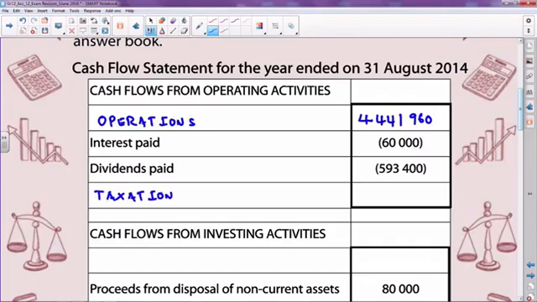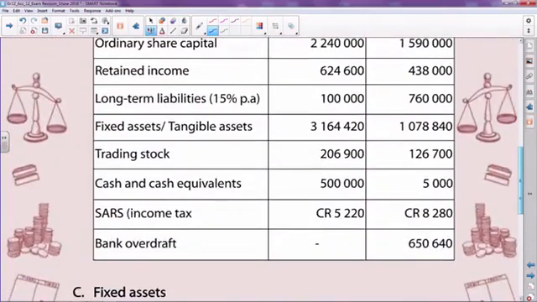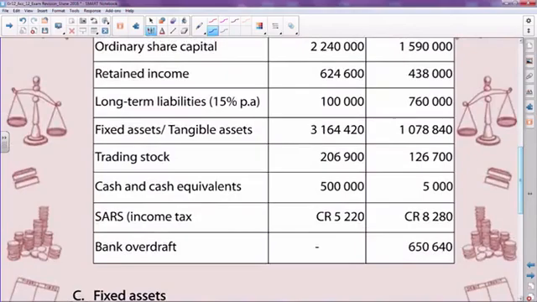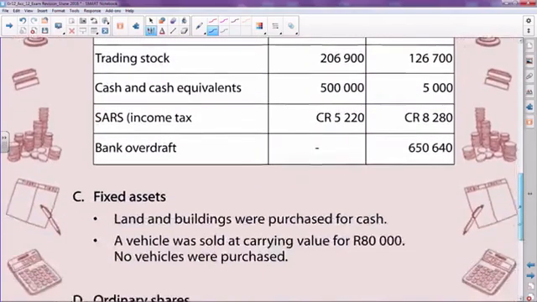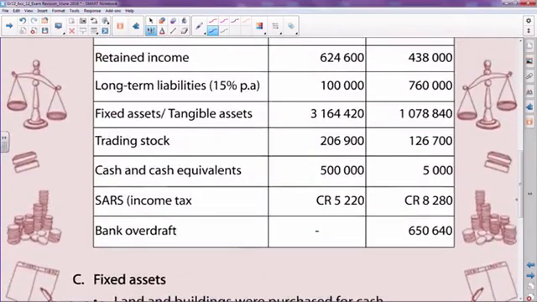In order to do that, let's go back and see what information we have. Firstly, what's important to note is that you want your taxation that has been paid. Obviously, the method that you use to calculate taxation paid is entirely your choice.